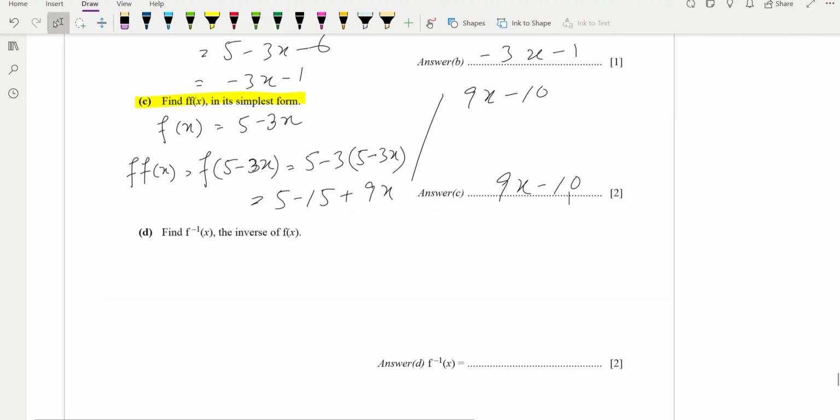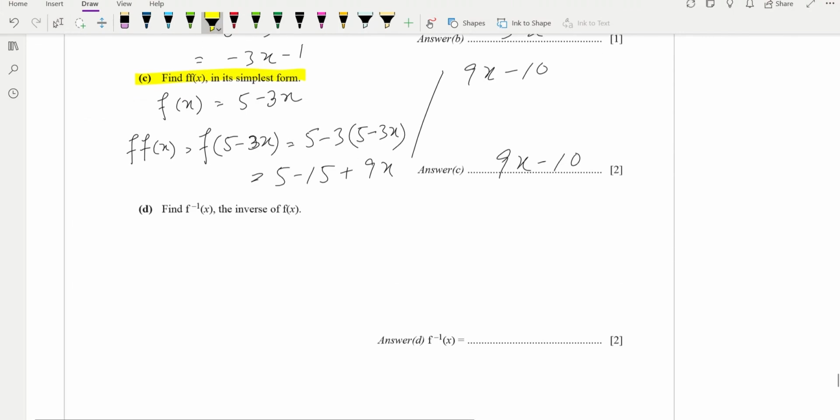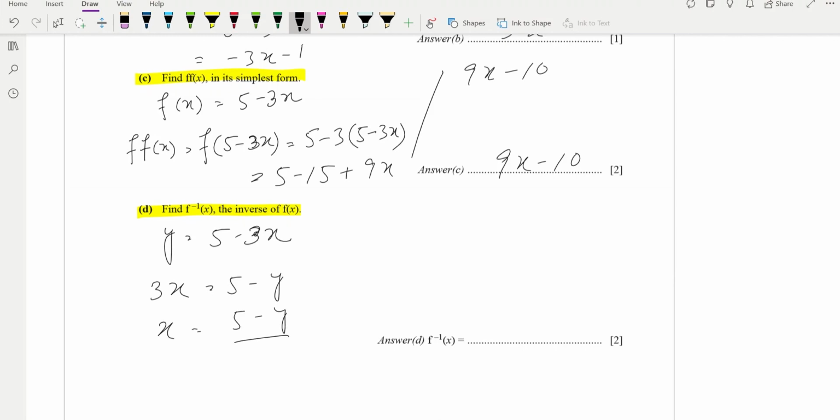Hopefully you understood this. Next they are saying find the inverse of f of x, and we know f of x is equal to y is equal to 5 minus 3x. Now we have to make x as subject, so 3x we shift on this side and y to the other side, and 3 also will shift to the other side, so 5 minus y over 3.